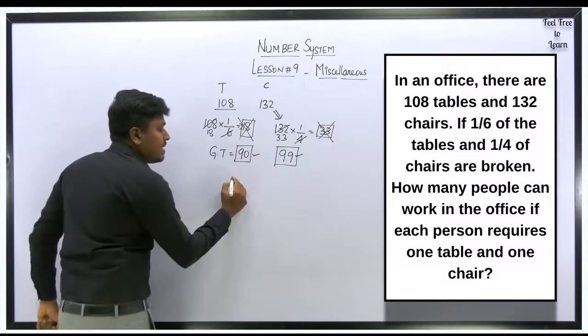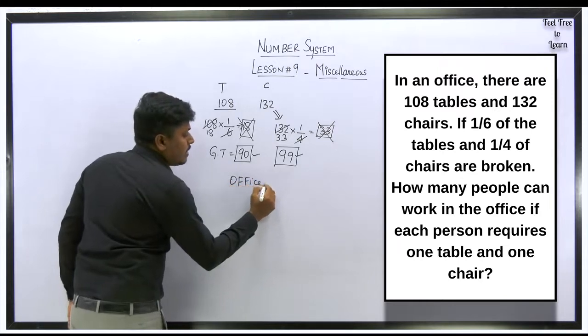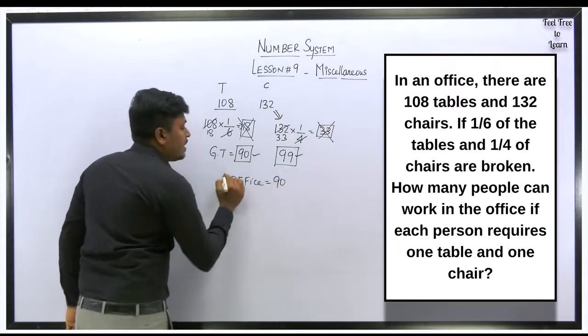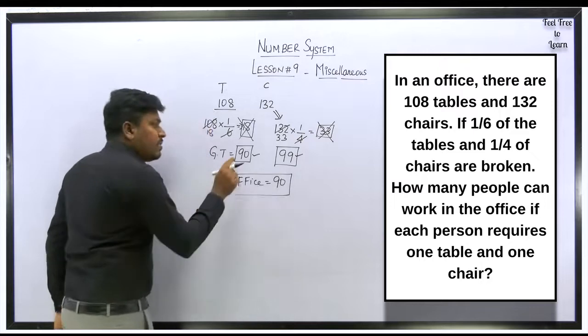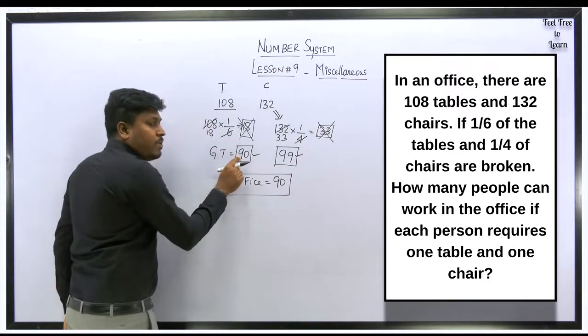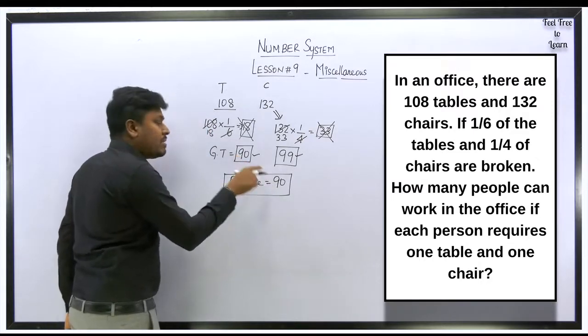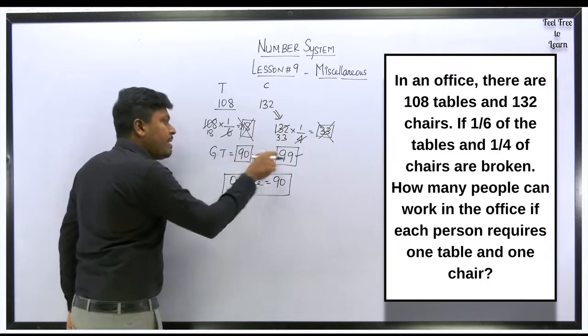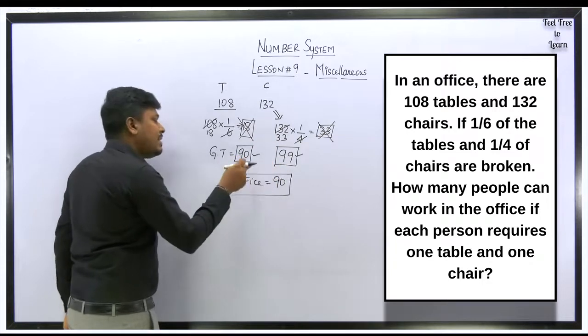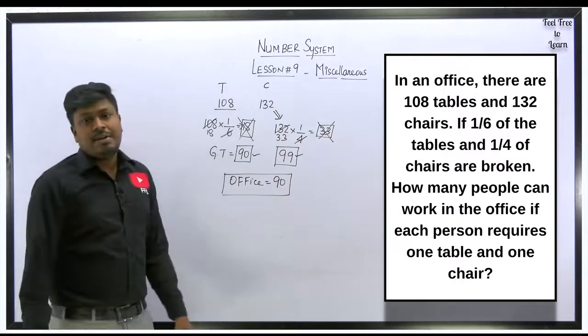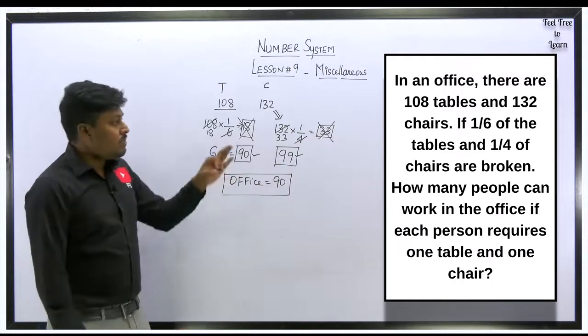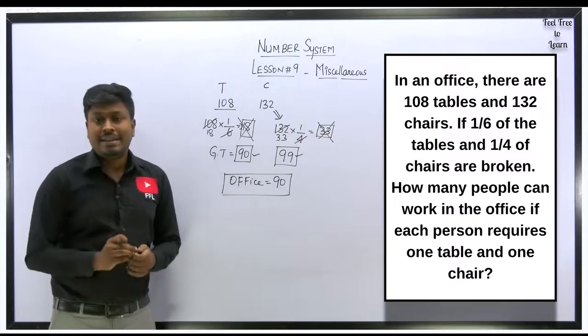So finally we can say that in that office 90 employees can be accommodated, yes or no? Because only 90 tables are there, you cannot accommodate 91 persons, since each person requires 1 table and 1 chair. So 90 people can work in that office. The answer for question number 2 is 90.